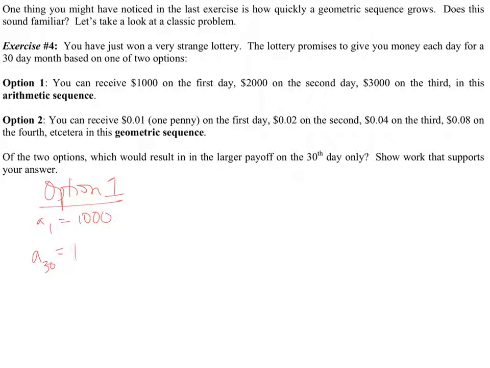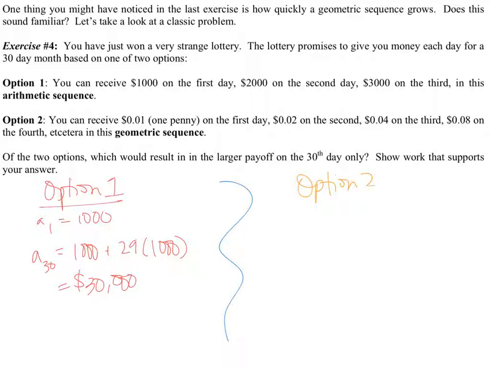Well, our 30th term is going to be $1,000 plus 29, and remember it's going up by 1,000 each time. So it equals exactly $30,000. Now we're going to look at option 2. Our first term is 1 penny.